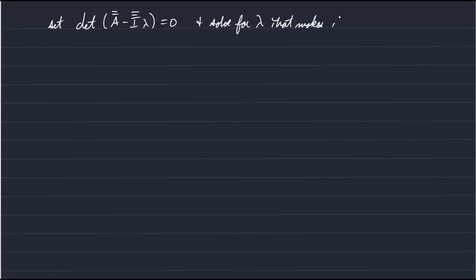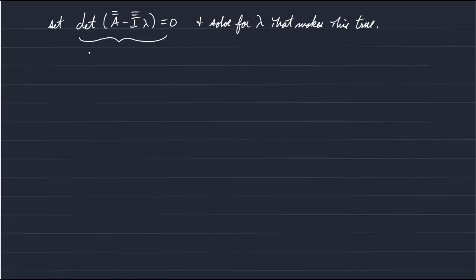So we set the determinant of A prime, which again is A minus the identity matrix times lambda, equal to 0, and solve for lambda that makes this true. We solve for the lambdas that make this matrix have linearly dependent columns.